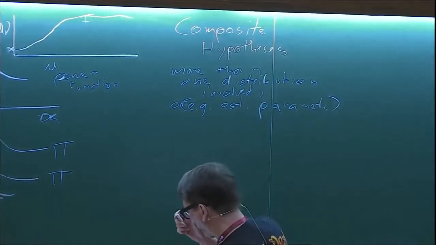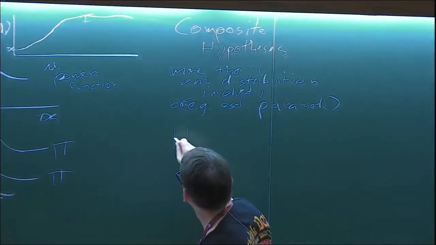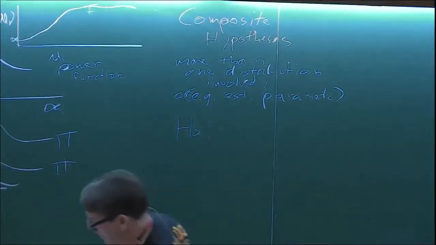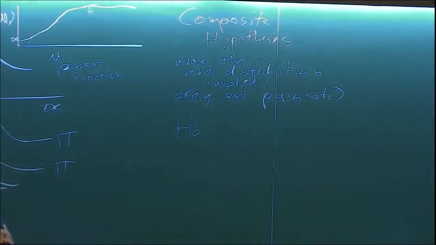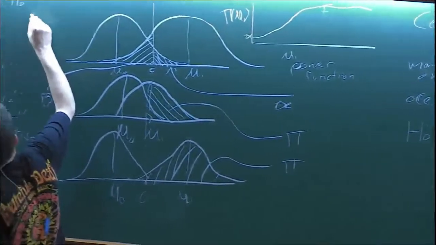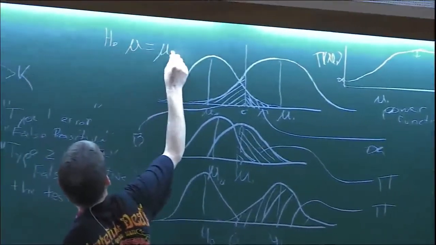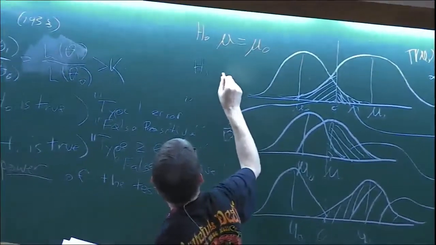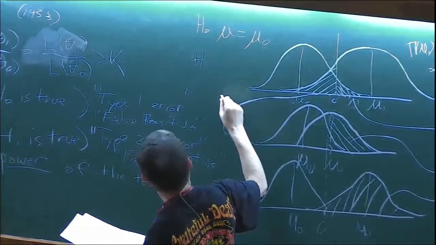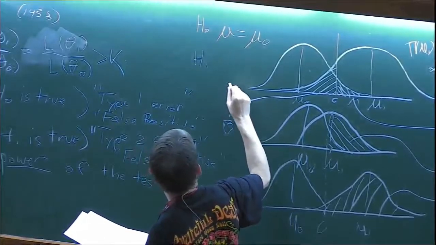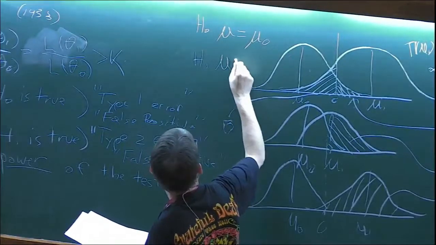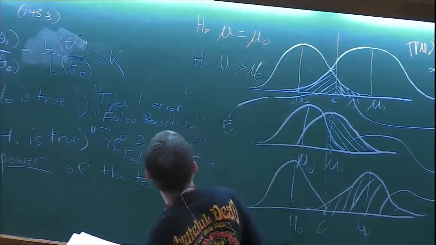For example, you could have a more complicated situation where H0 was that mu equals mu0, and here we had H1 is that mu is greater than mu0.